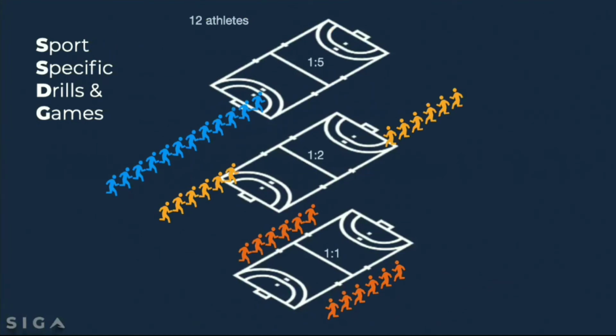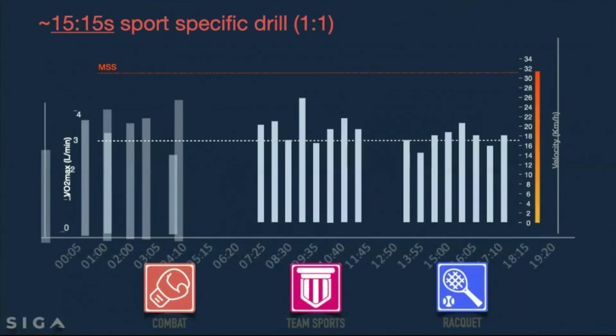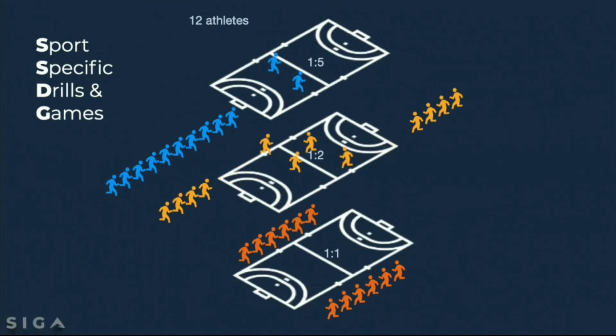Let's say that we have 12 athletes, and we are doing one type of exercise in pairs. So the bluish guys are playing one against one.